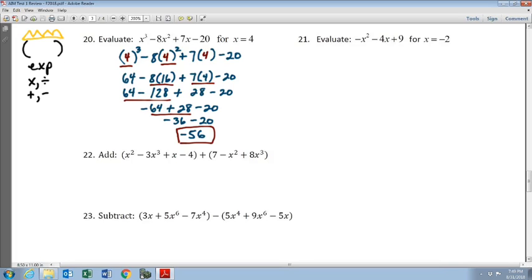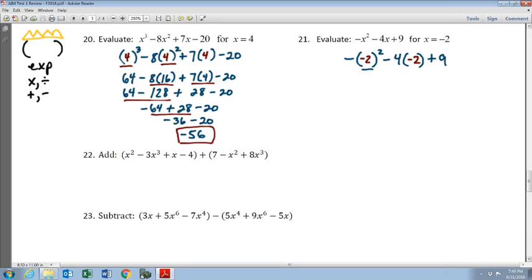Number 21, let's go ahead and make a shell again, and this time we're plugging in negative 2. And now be careful with this one. Again, our exponents are going to go first. We're going to square negative 2 here. Notice the negative that's out in the very front is not part of the base. So we're just squaring negative 2.